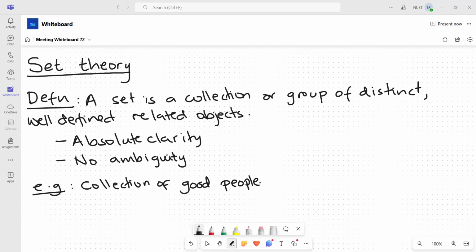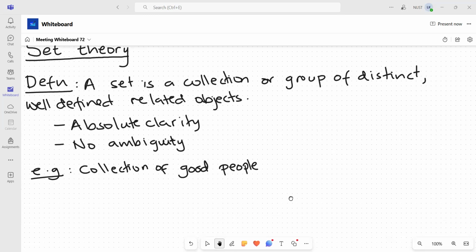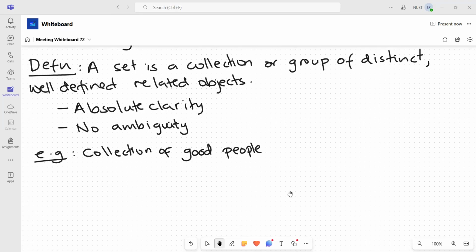If we look at this one, obviously there is some ambiguity here because it's not absolutely clear who belongs to this group or not. Someone might say, I'm a good person, I definitely belong to this group. Another person would say, no, but you did this, you did that, you're definitely not a good person.